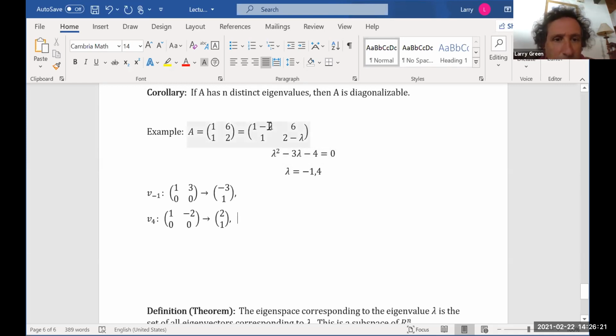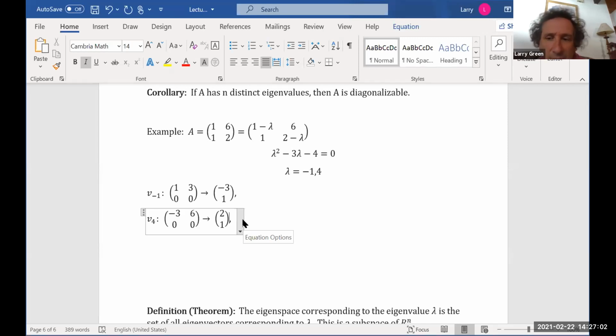So we subtracted 4, 1 minus 4 is, no, I think I made a mistake there. So 1 minus 4 is -3, -3, 6. Let's do it again. -3, 6. And then we're dividing it by 3. Let's see if that works. Yeah, that should work. And 2, 1, I think. 1, 2. Yeah. Any questions on that?